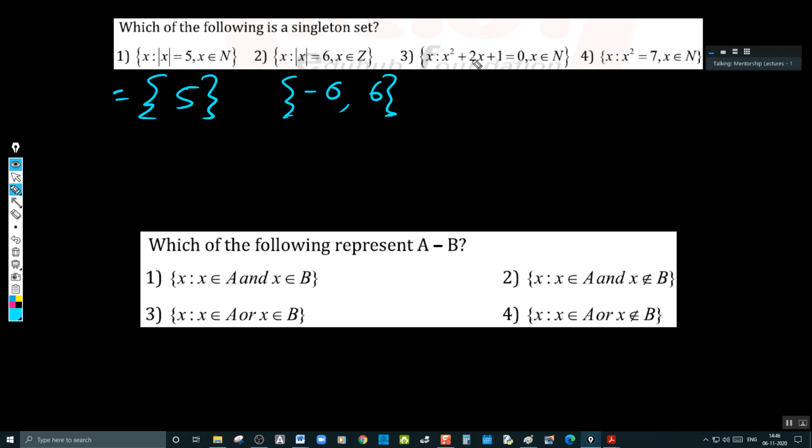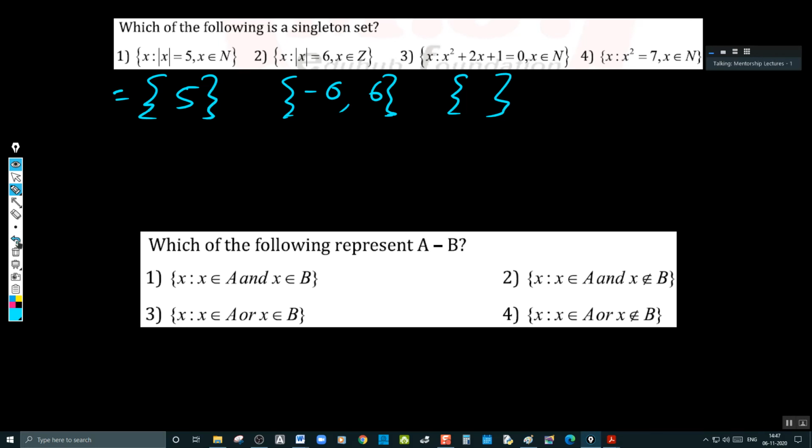If you come to this, it is x plus 1 whole square. In this one, x plus 1 whole square is equal to 0 means x is equal to minus 1. So no element is present. It is a null set.